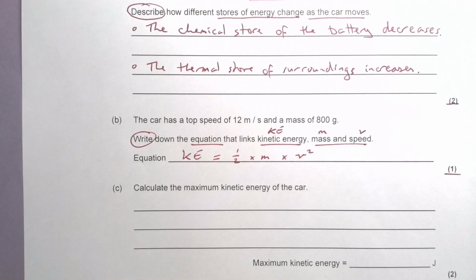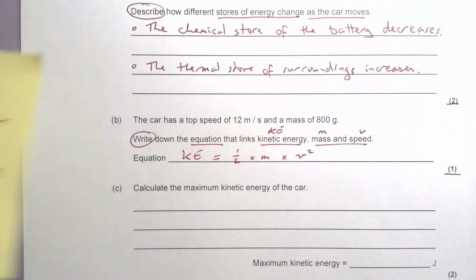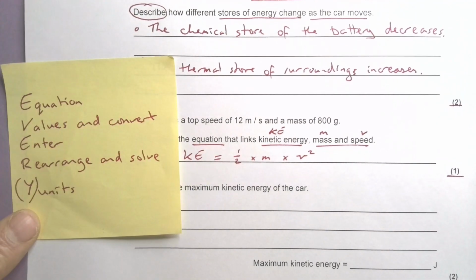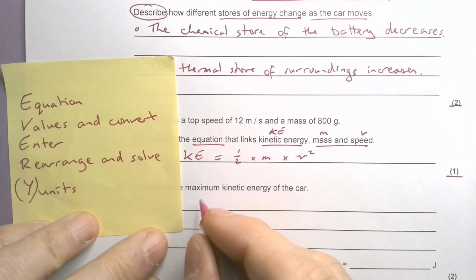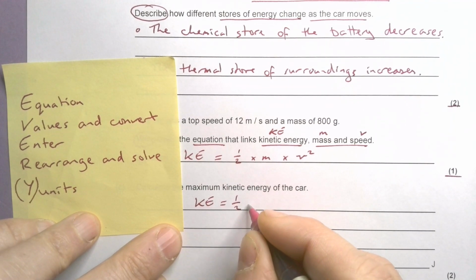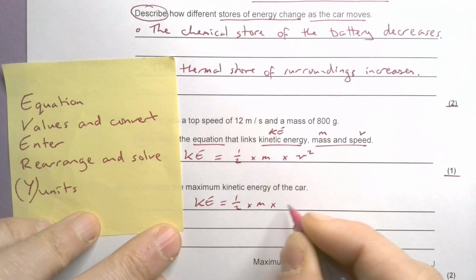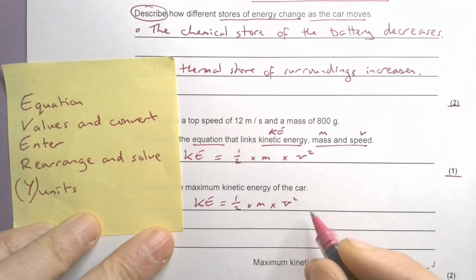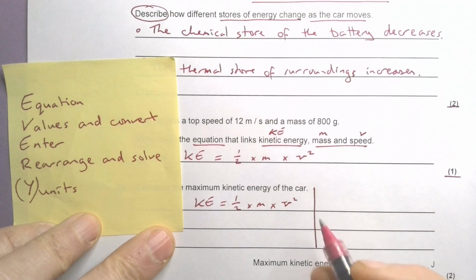Calculate the maximum kinetic store of the car. So we're going to write down the equation first of all, which is KE equals 1/2 times m times v squared. It's worth 2 marks. We're going to write down the values and convert. We're just going to check the values.